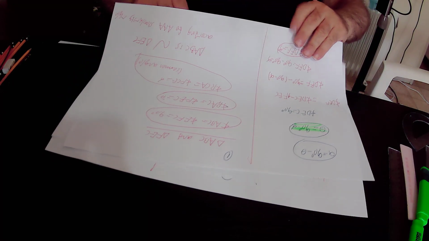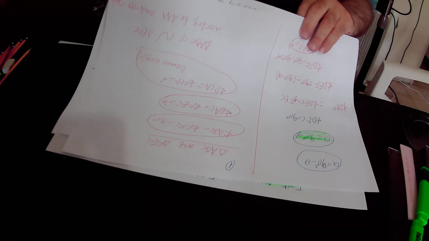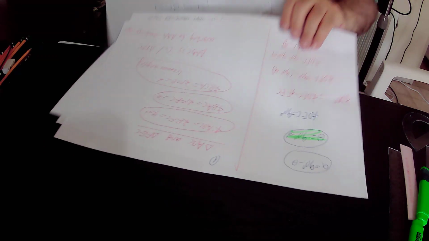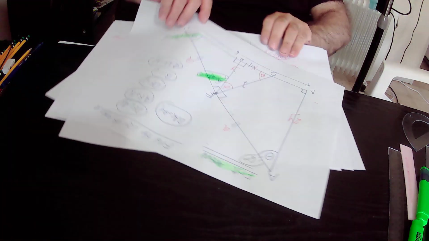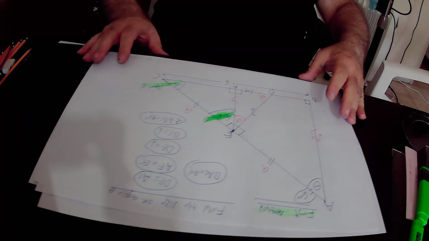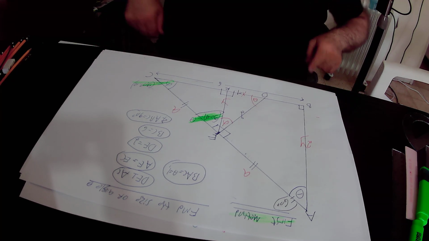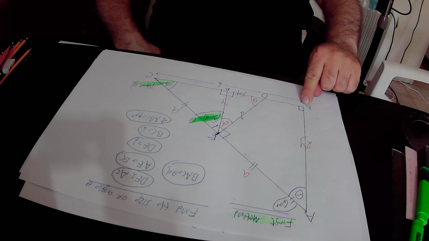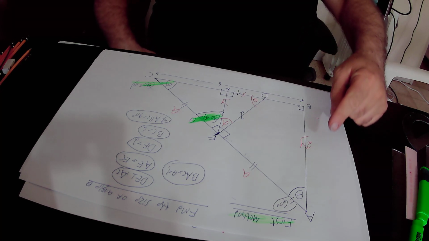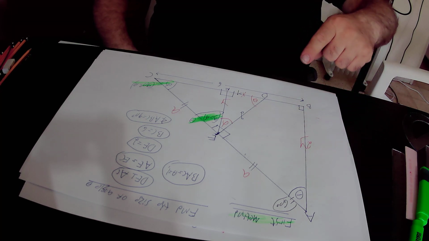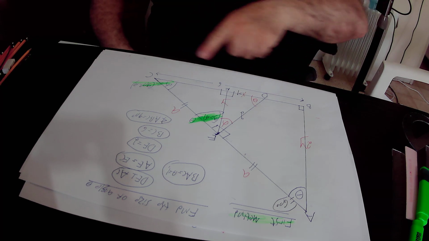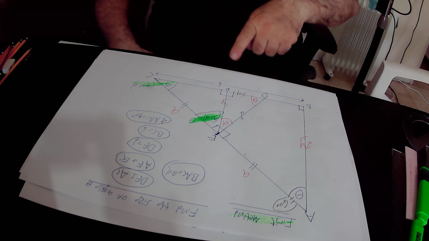And here we have in the drawing the right triangle ABC. Angle ABC equals 90 degrees. And side BC of the right triangle ABC equals 6 units.